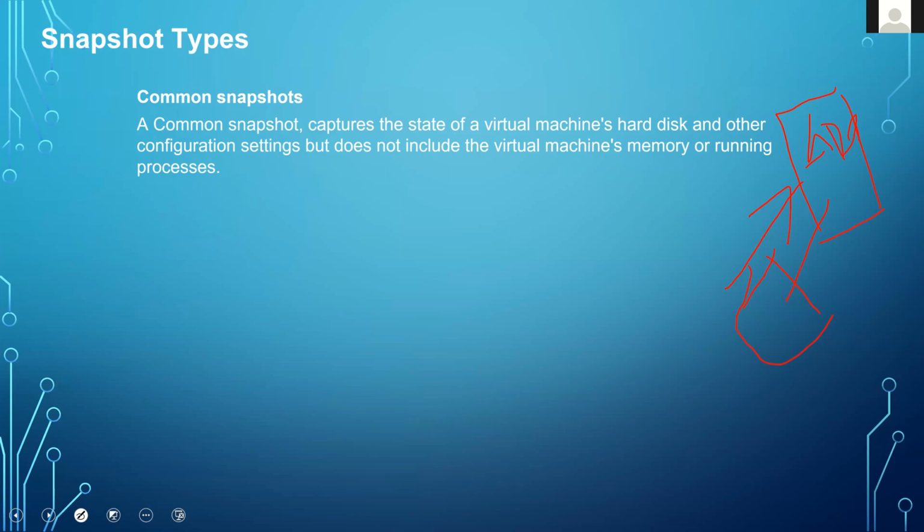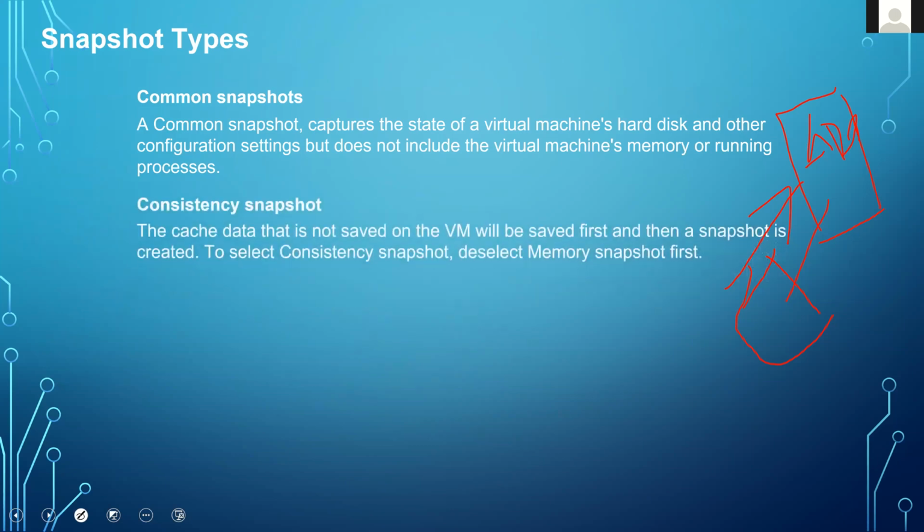You can restore it and your VM will be up and running, but it doesn't guarantee that your memory data and your disk data will be stored as of the time of the snapshot. So this is not a consistent snapshot. This is very common. If you want to do some testing, you can take this snapshot if there's no data or memory involvement. This one takes less time than the other snapshots.